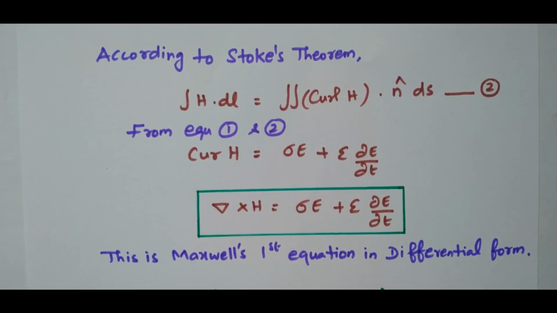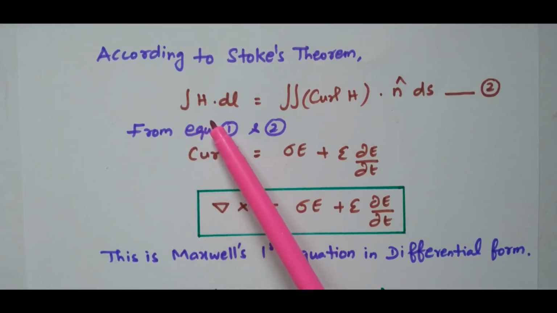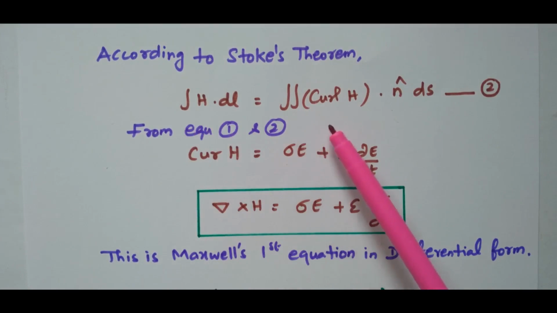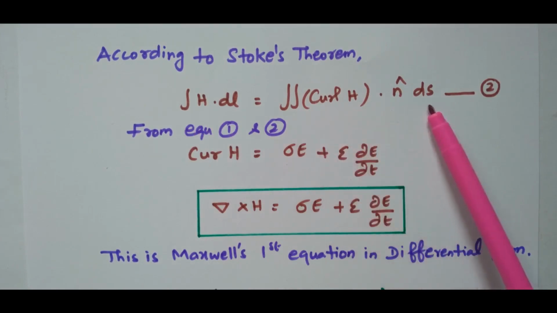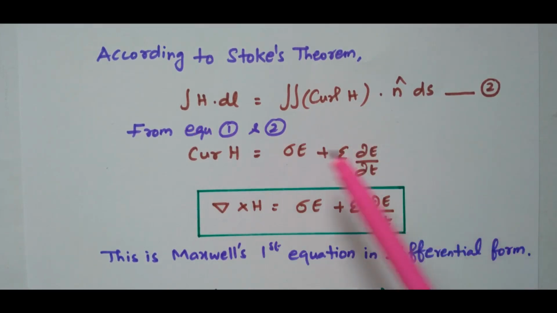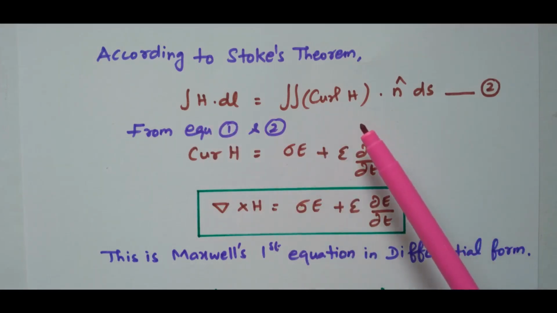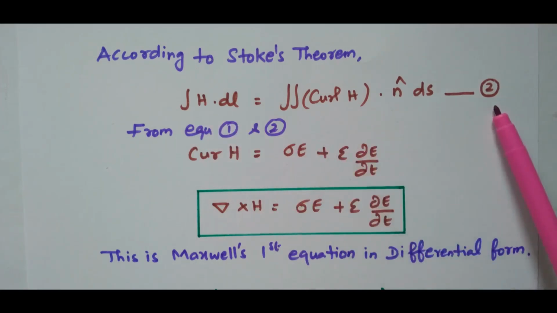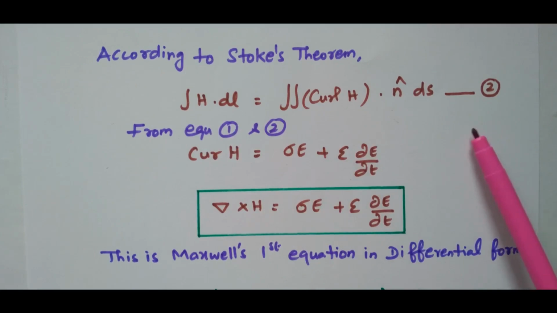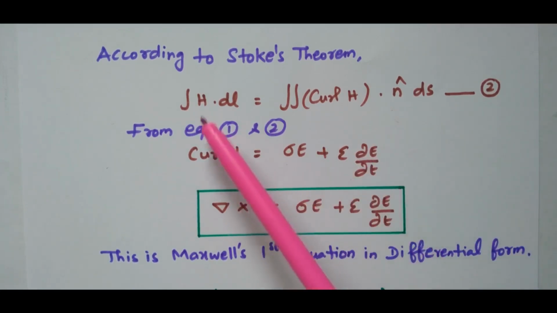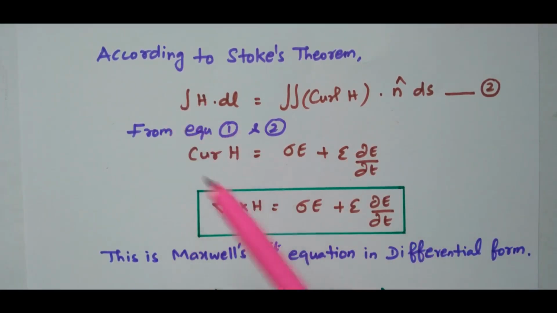According to Stokes' theorem, integral H dot dl can be written as double integral curl H dot n cap ds. Take this as equation number 2. By comparing equations 1 and 2, the left hand sides are equal, integral H dot dl, so we can equate the terms on the right hand side.